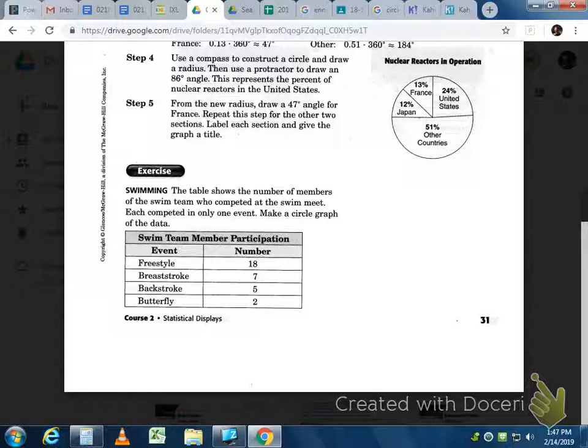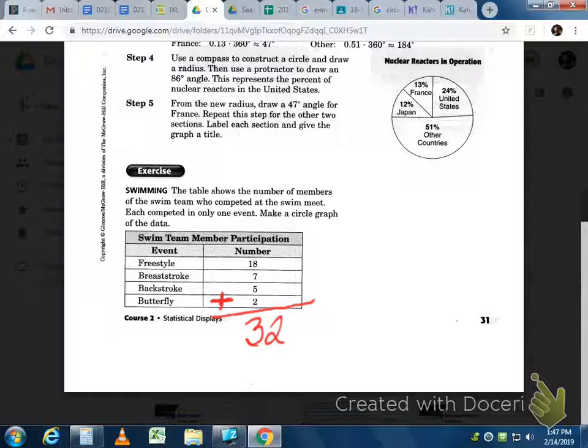So the thing that we're going to do together is add up how many there were altogether. So we've got to add 18 plus 7 plus 5 plus 2. How many were there altogether? 32.